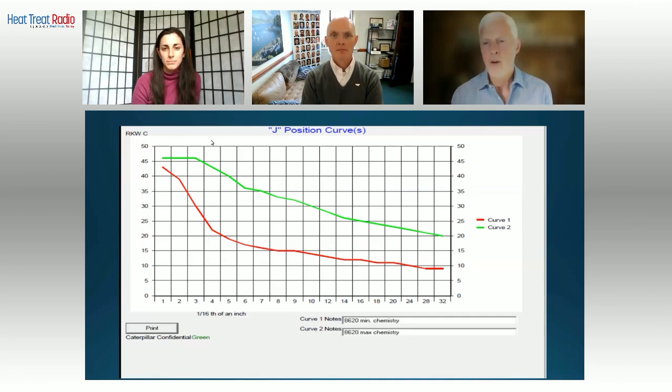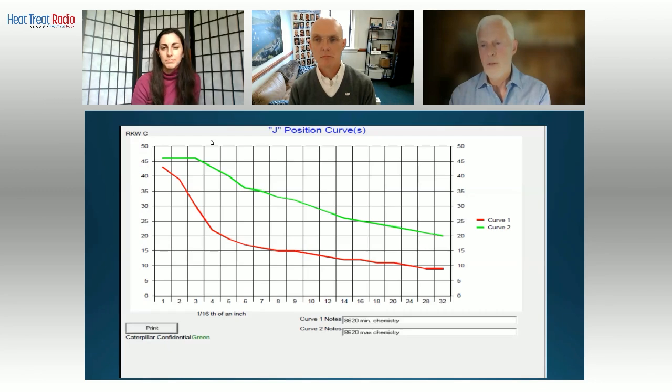And if you have the data that goes with that, utilizing the strategy that we just talked about, it's going to give you the ability of evaluating variation. So if the primary source of variation is the material, that needs to be addressed. If the material is very consistent and yet you continue to have variation, there's obviously something in the heat treating process that needs to be addressed to reduce that variation.